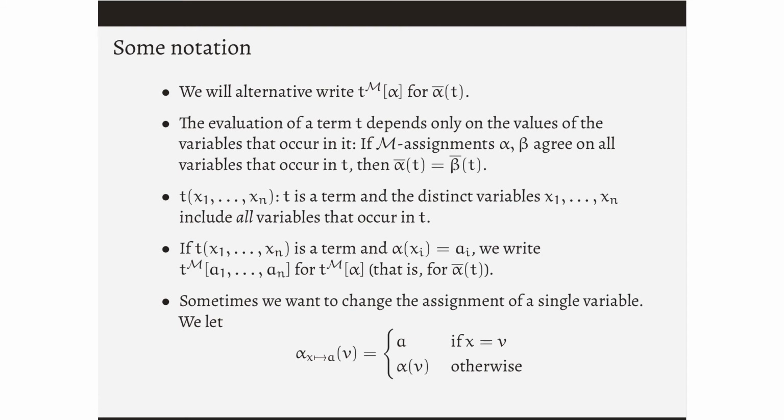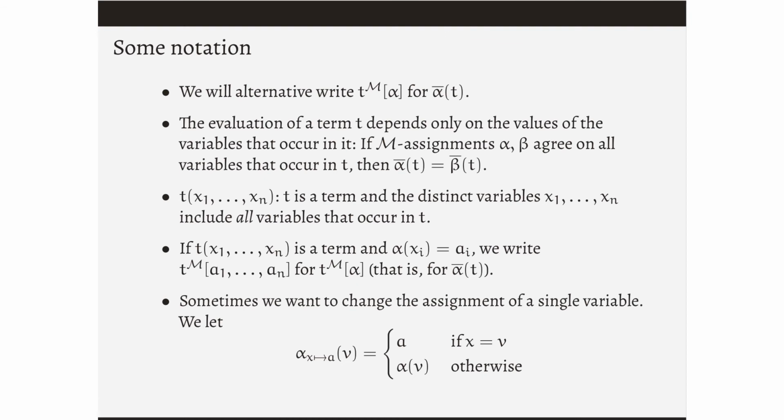And this is justified, because that value, as we observed, only depends on the assignment I actually give to the variables that occur in t, so in particular to the variables among those xi's. So in particular, it depends only on what I assign to the a_i's here.